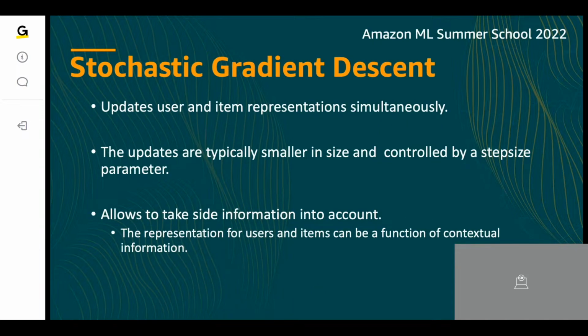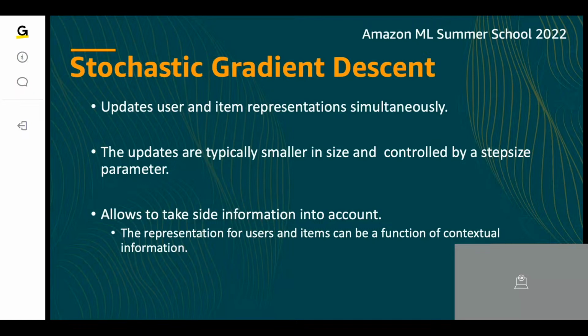And there are versions of this where you can update the user and item representations simultaneously as well. Those are much faster versions of achieving the optimized estimates of U and V themselves.